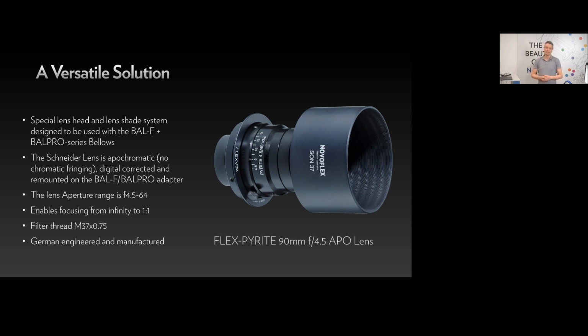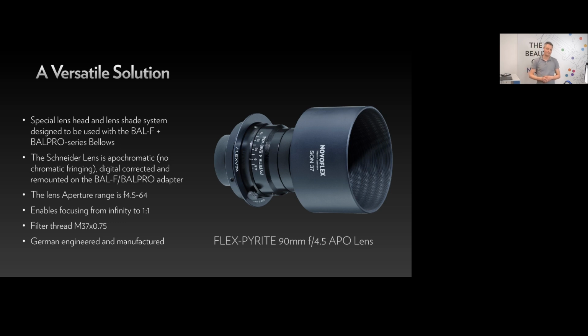We mount it for both our universal bellows systems. The Flex Pyrite lens system is mounted for use on our Bell F bellows, which is also the base for any of our auto bellows kits that we offer. And it comes ready with a lens hood and the necessary lens board, of course.